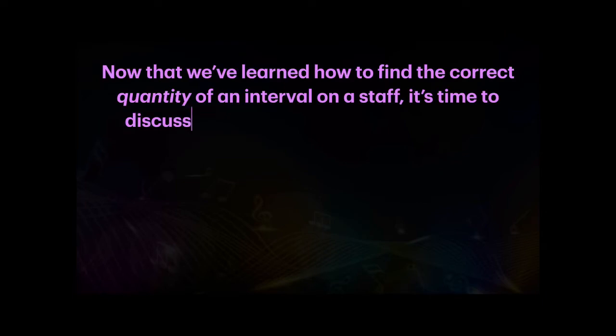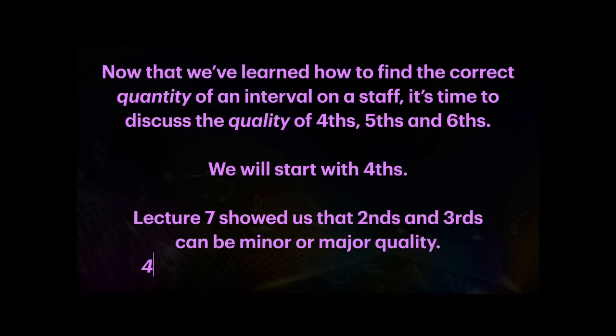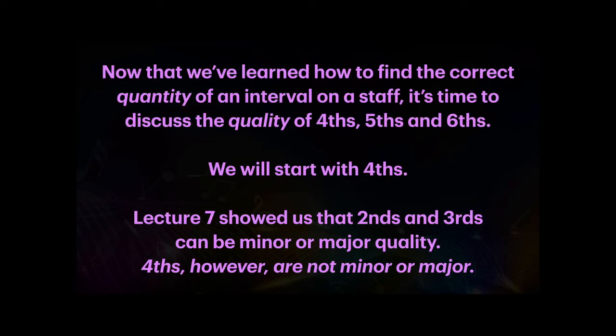Now that we've learned how to find the correct quantity of an interval on a staff, it's time to discuss the quality of fourths, fifths, and sixths. We will start with fourths. Lecture 7 showed us that seconds and thirds can be minor or major quality.